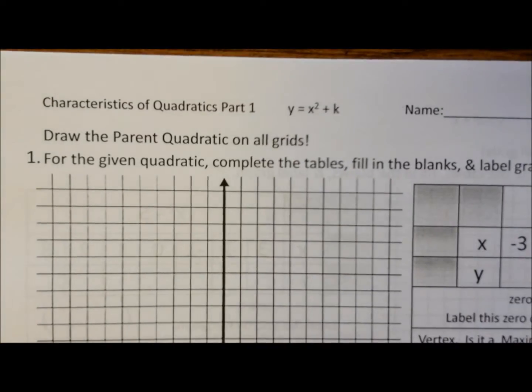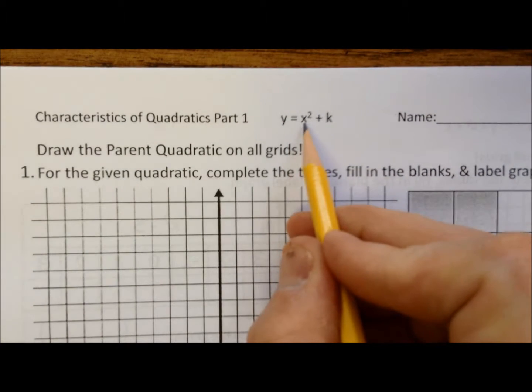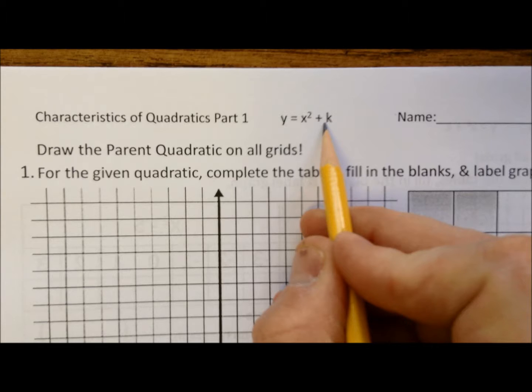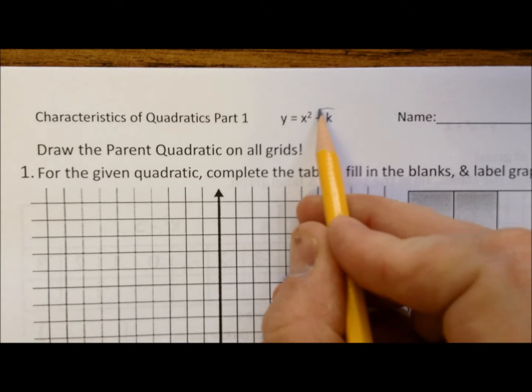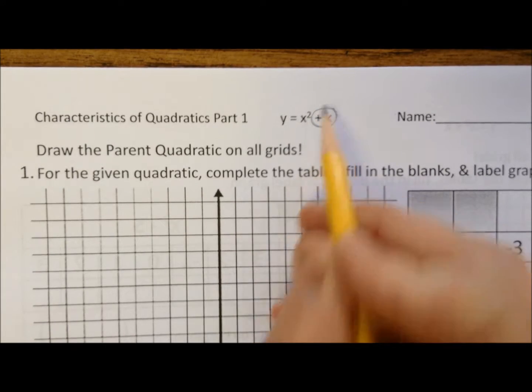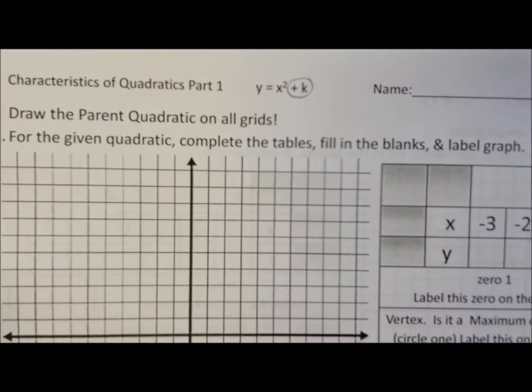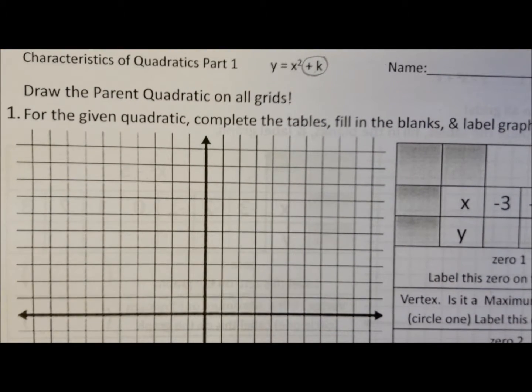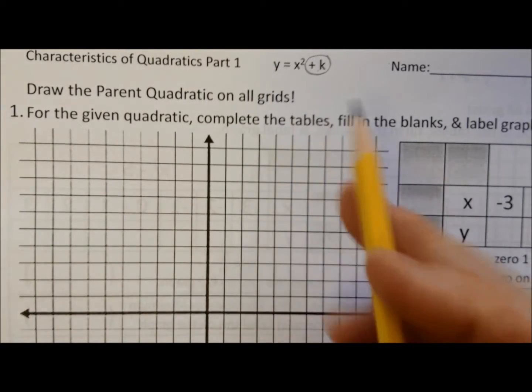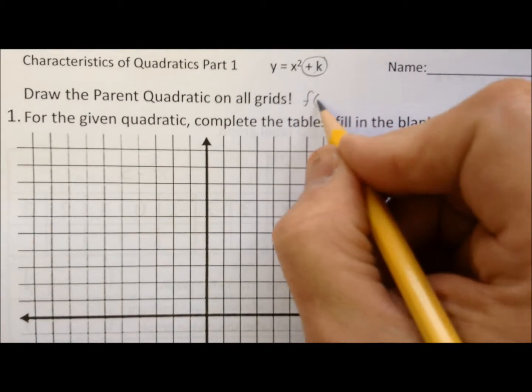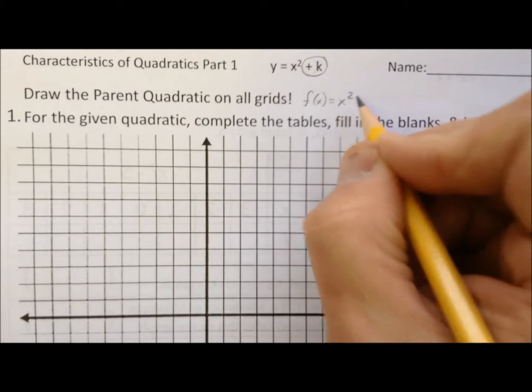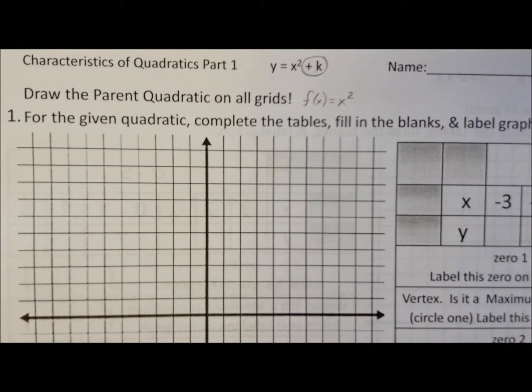So this was from the first day back, part 1. Today we're going to be looking at the parent and what happens whenever we add something to the parent. So in each one of these, we're going to want to put the parent on the grid. So this is f of x equals x squared. So we're going to be multiplying a number by itself.